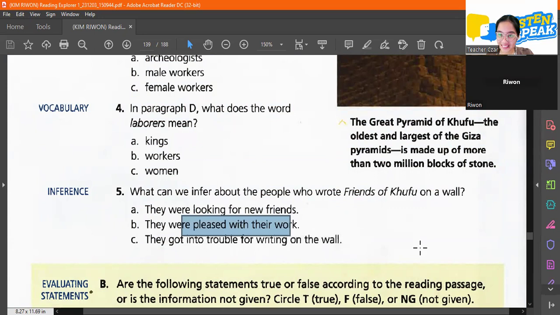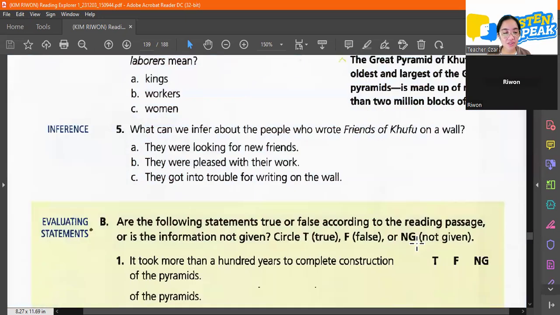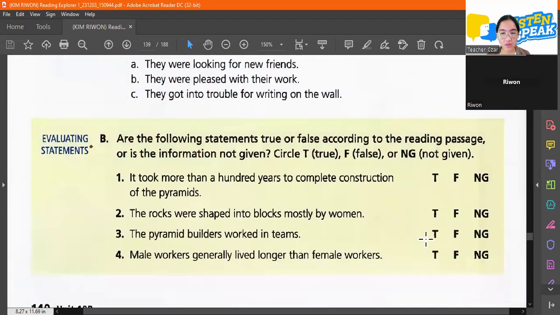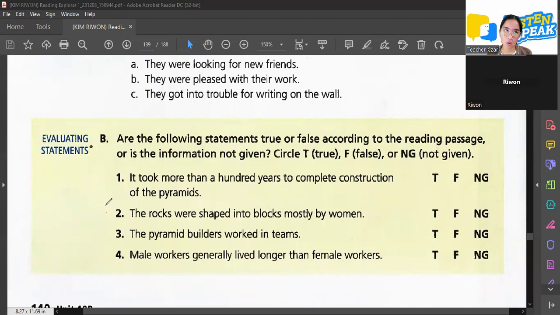Okay. Let's have letter B now, and all you need to do is answer true, false, or not given. Let's try number 1. It took more than 100 years to complete construction of the pyramids. True.